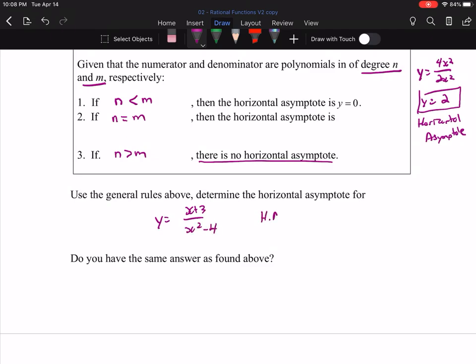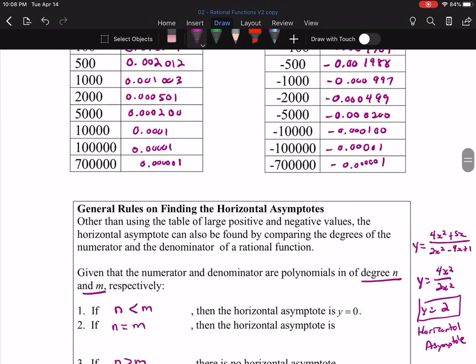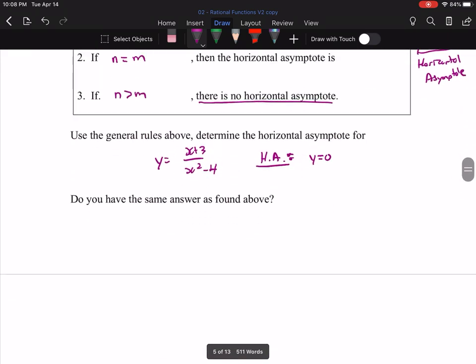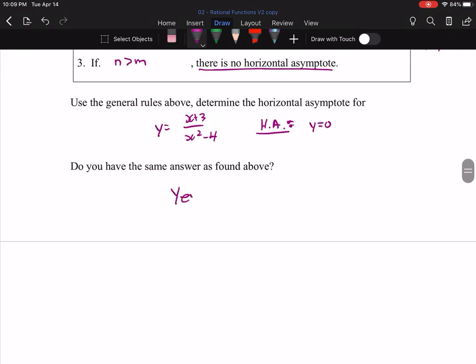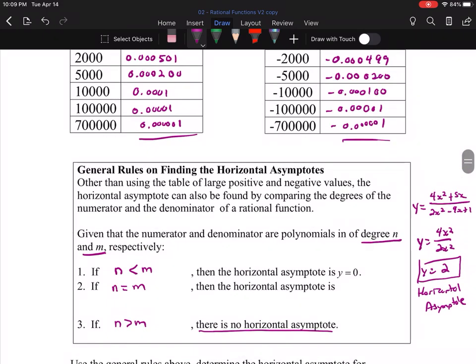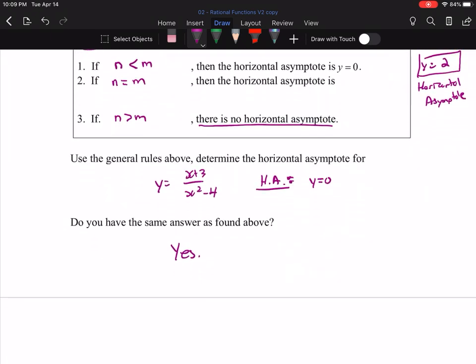And what we'll say is, okay, the HA, short form for horizontal asymptote, will be, let's see, the degree in the top is lower than the degree in the bottom, so that means horizontal asymptote y equals 0. Is that what we found in our table? Well, yeah, it was heading to 0 on both sides. So yes. If you're worried about the positive negative part, how are we going to know the positive and negative? Don't worry about that just yet. We'll put all the pieces of the puzzle together in a little bit.